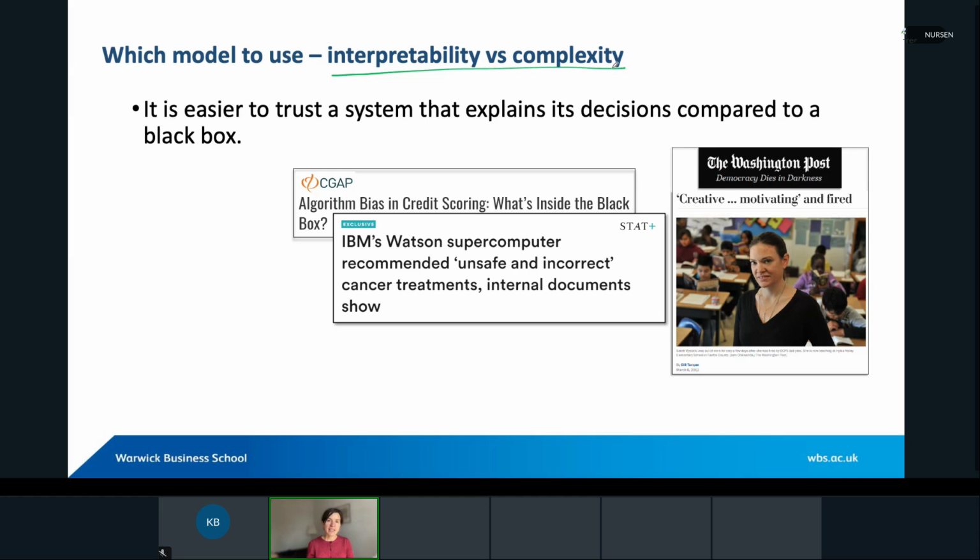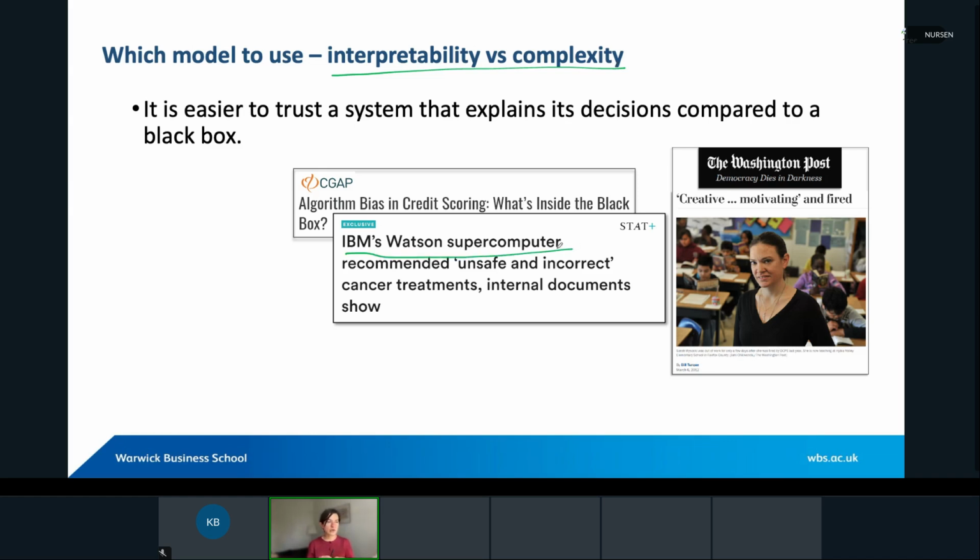So we can understand from decision trees and linear classifiers why a prediction is made, and this transparency helps us to build trust, especially in business or policy settings where decisions directly have an impact on people, like in healthcare. When you predict whether the patient has cancer or not, you need to understand how this decision is made. The best example is given by IBM's Watson supercomputer.